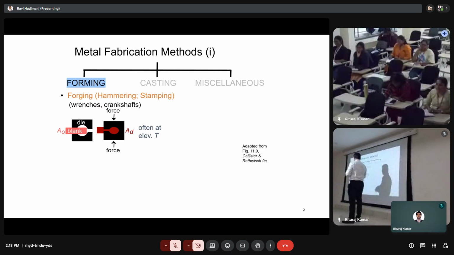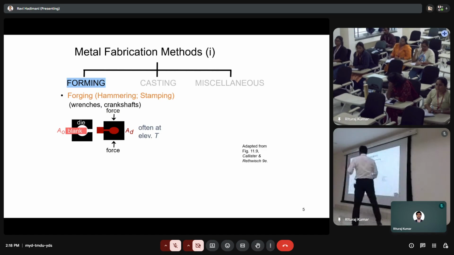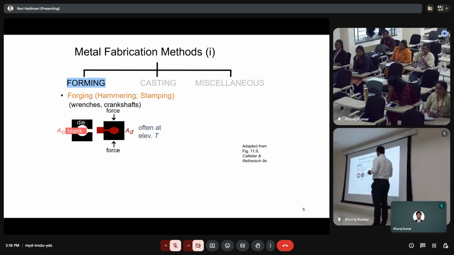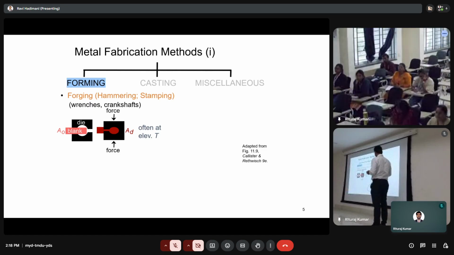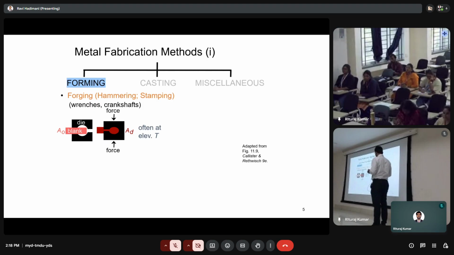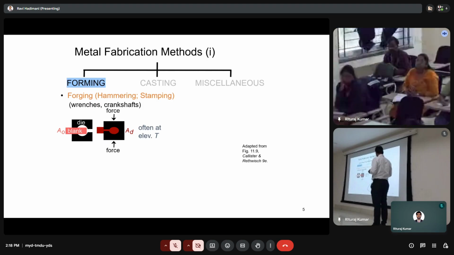In stamping, you use some sort of die, and you press on it, and then you get the shape you want. Wrenches and crankshafts are some examples prepared using forging, especially stamping.